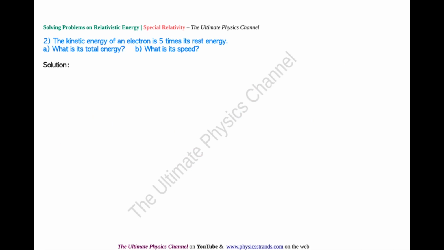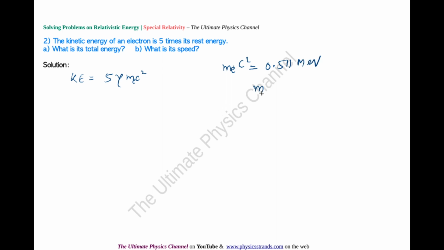The kinetic energy of an electron is 5 times its rest energy. What is its total energy and what is its speed? Kinetic energy Ke is 5 times its rest energy, and here in this case it is the electron, so we can suffix it with an E. The rest energy of the electron is mec squared, which we can write directly as 0.511 MeV.